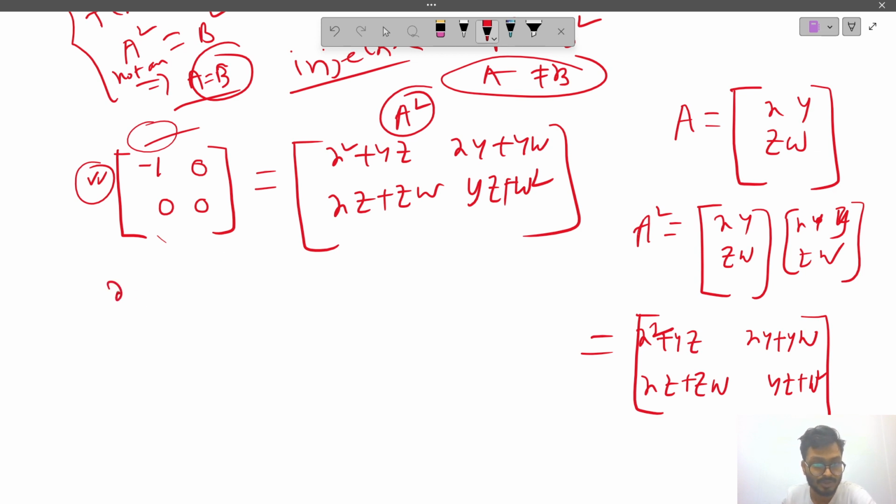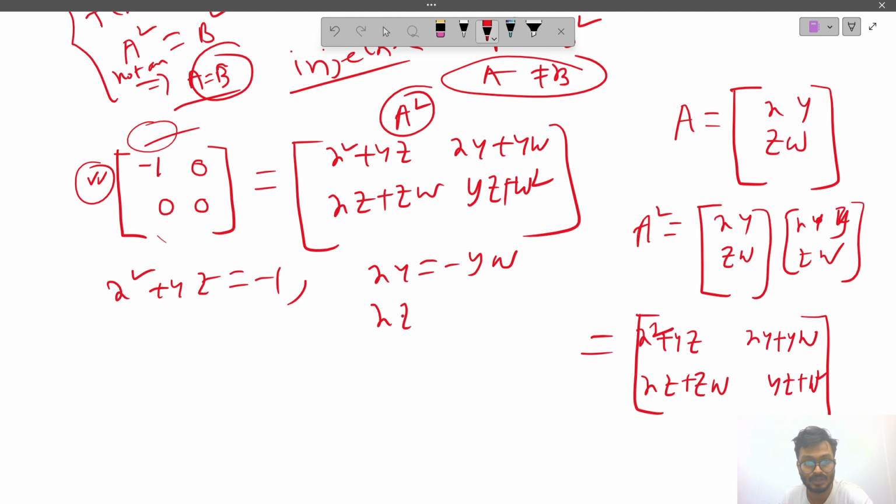Now x square plus yz equals minus 1, and xy plus yw equals 0, and also xz plus zw equals 0.